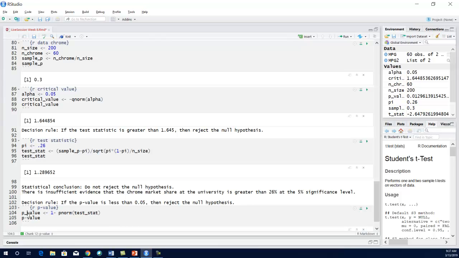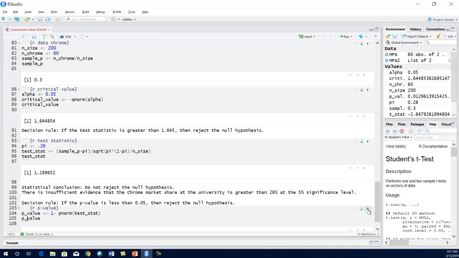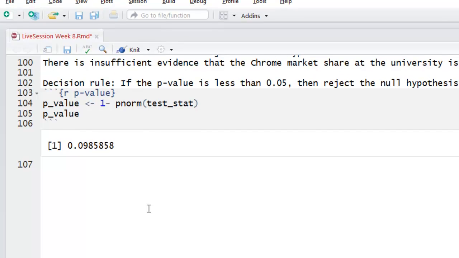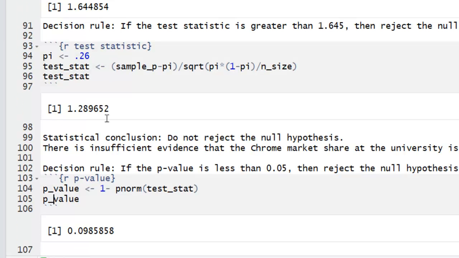I'm not using the right notation, so underscore. Okay, here I have the p-value for my test, and it's almost 10%, 0.09.